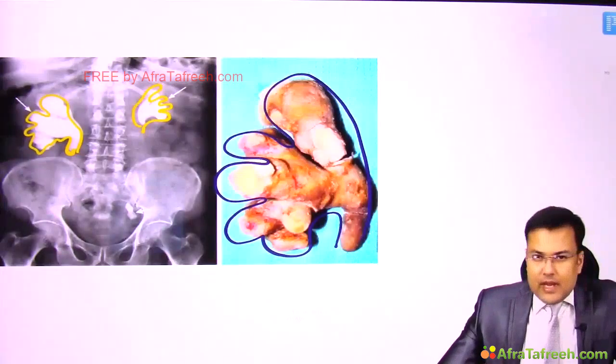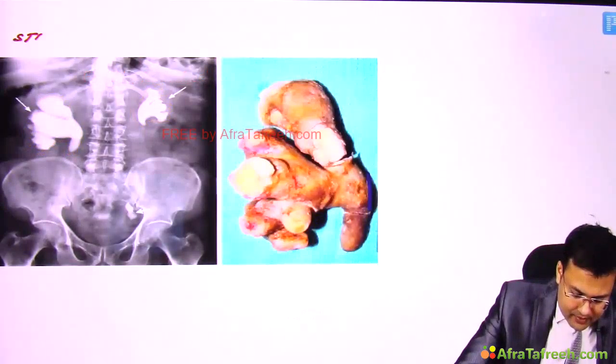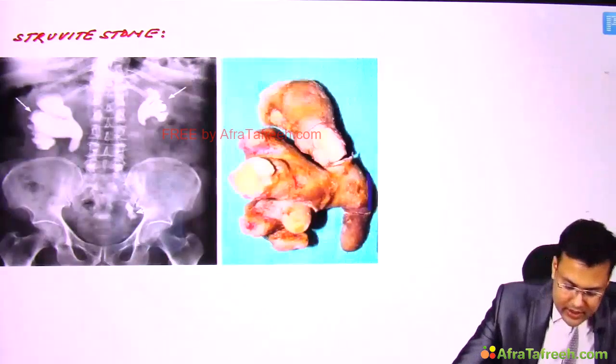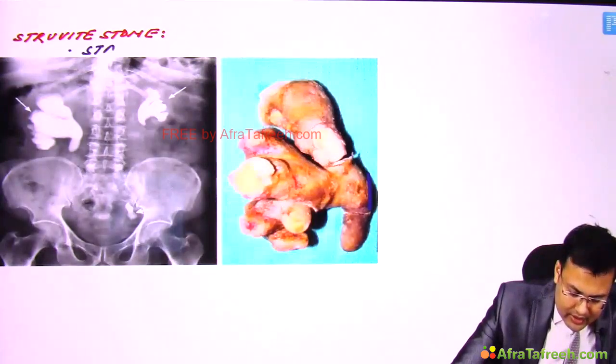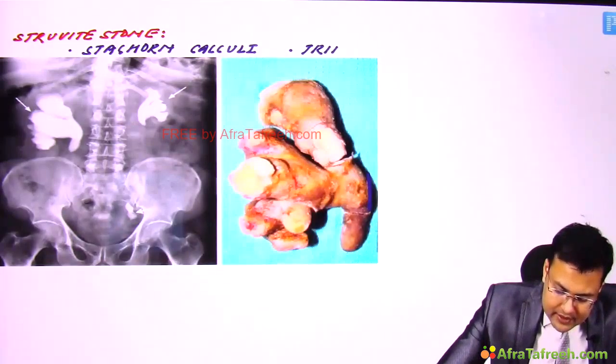What are the other names of staghorn stone? It is also known as struvite stone, also known as triple phosphate stone. Clear? The other names of struvite stones: staghorn calculi, also known as triple phosphate stone.